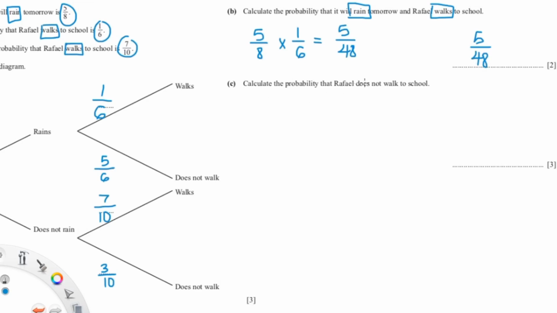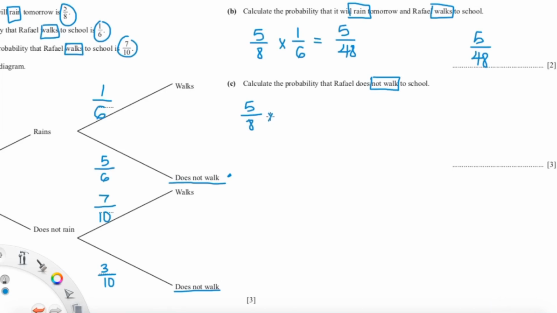Calculate the probability that Raphael does not walk to school. So as you can see, there are two outcomes where he does not walk to school. So let's find the probability that he does not walk to school when it's raining.